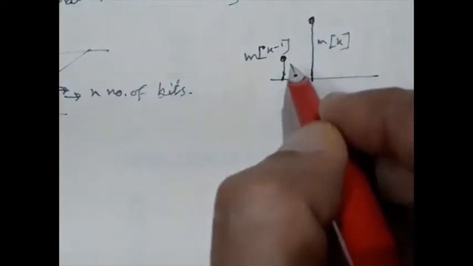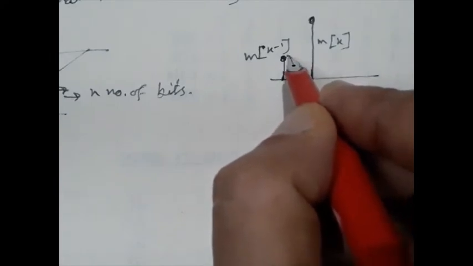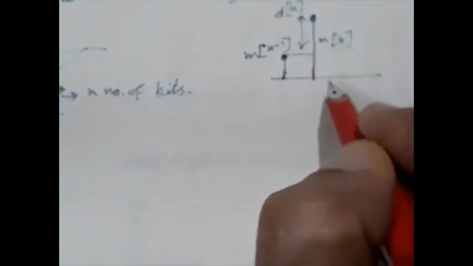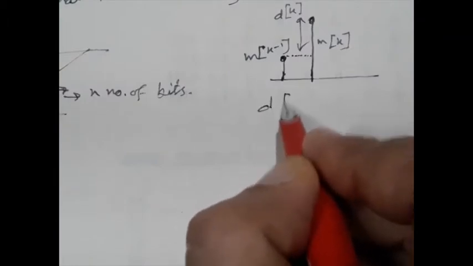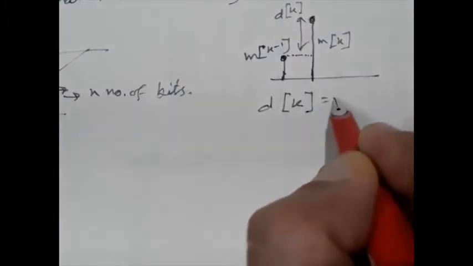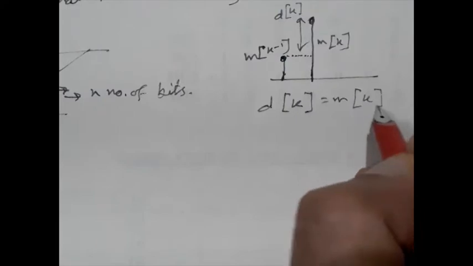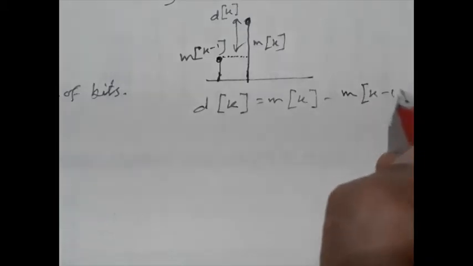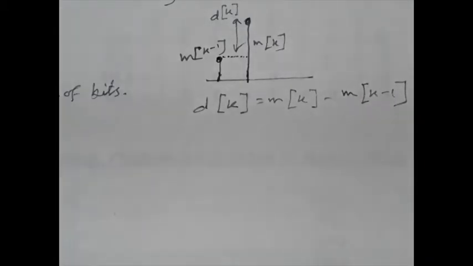In differential PCM, instead of transmitting this mk, we take the difference d between these two signals. That means d equals the current sample minus the previous sample.